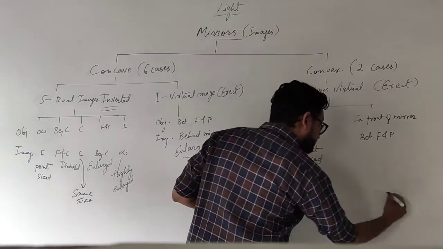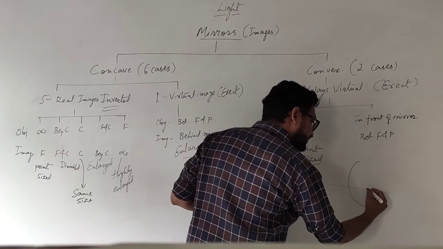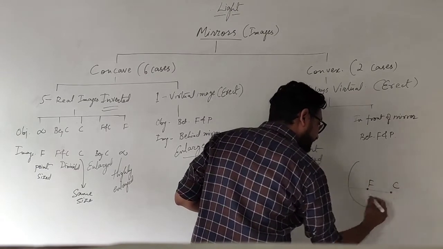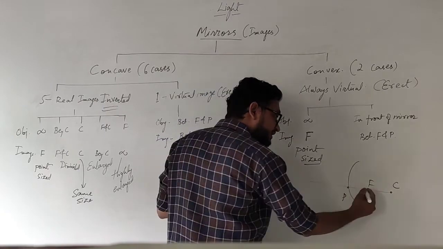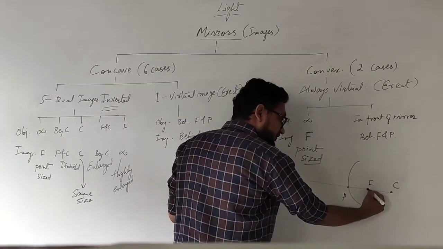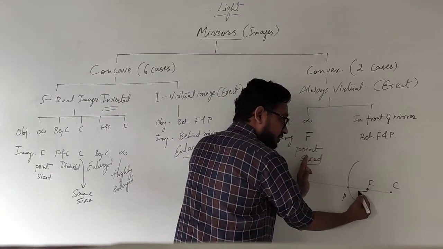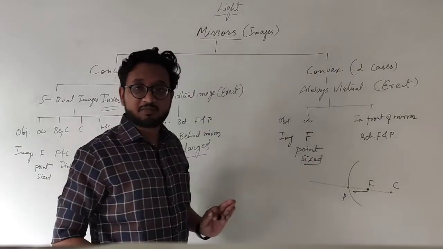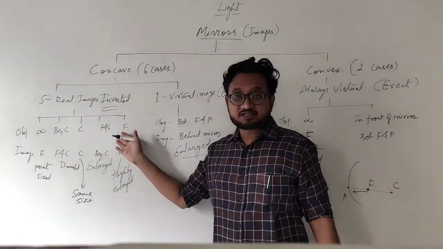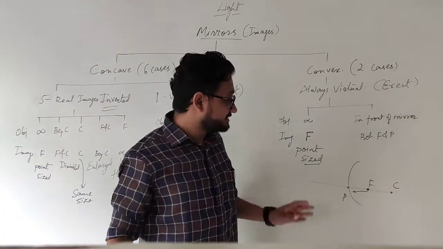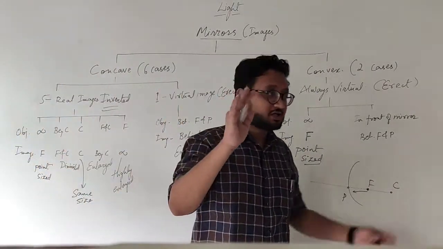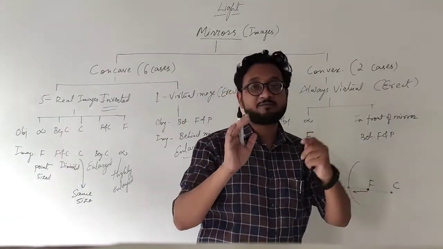This is the focus, this is the center of curvature and this is the pole. If the object is at infinity, the image will always be on focus. If you bring the object closer, the image will also come closer and closer to the mirror. Unlike the concave case, where if you bring the object closer, the image goes further and further away.